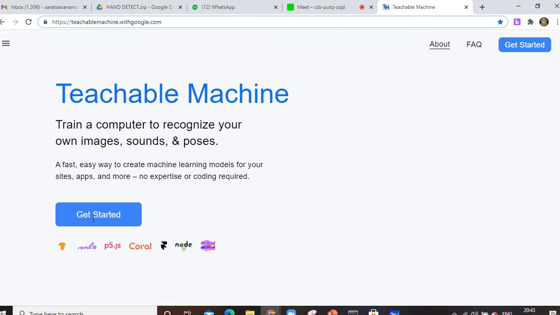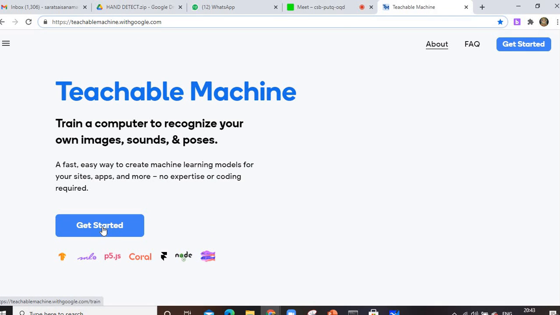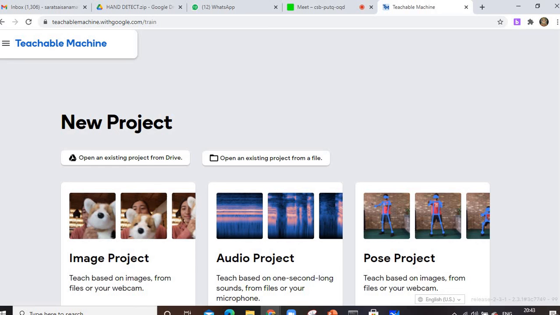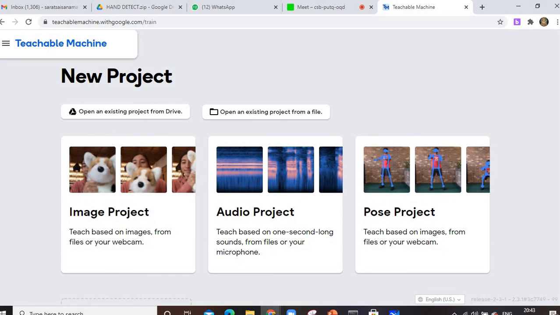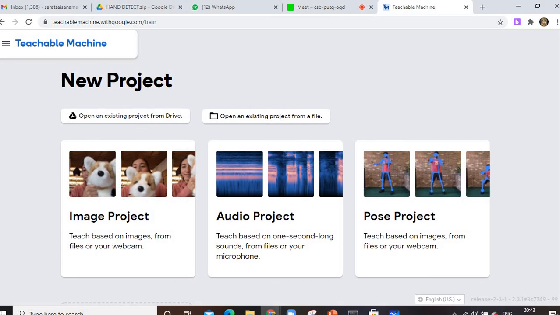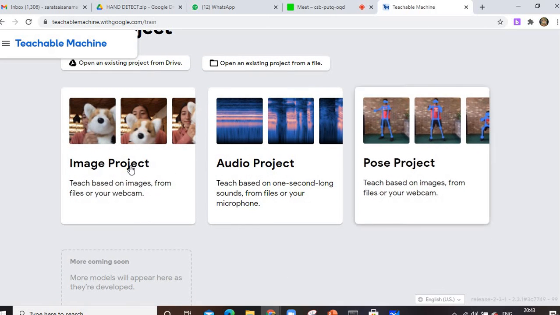You can see, just try to visualize the things, how the machine learns. Don't think that this is a website playing this role. No, this is a similar type of work to whatever we are learning. You can see the image or pose projection.